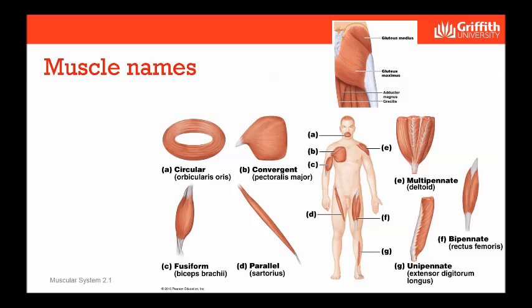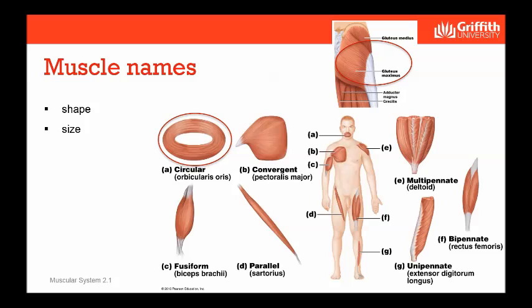Skeletal muscles are named according to multiple criteria. Some muscles are named based on their distinctive shapes, such as the orbicularis oris, which is circular in shape, surrounding the mouth. The deltoid muscle, which means triangular, and the trapezius muscle, from the word trapezoid, are two other examples of where the shape of the muscle has dictated its name.